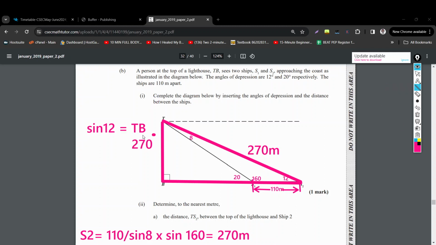So we're going to get TB is equal to sine 12 times 270. Cool. And then TB is going to be equal to 56 meters.